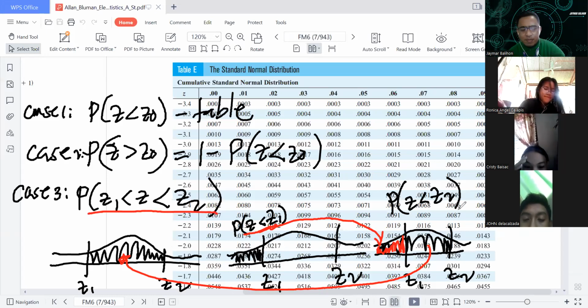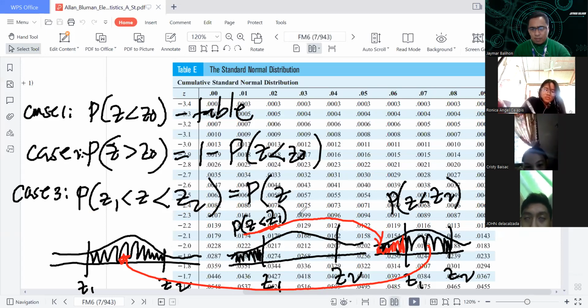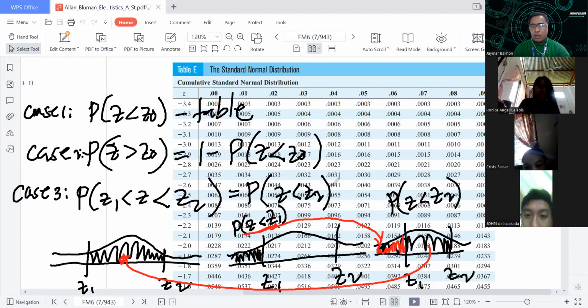So out of this minus this, you will just get this one. Do you understand? Therefore, the formula is just the probability of z less than your z sub 2 minus the probability of z less than your z sub 1. Right?